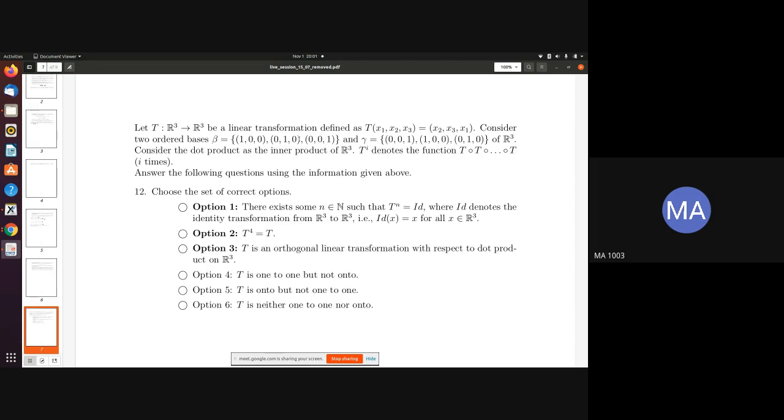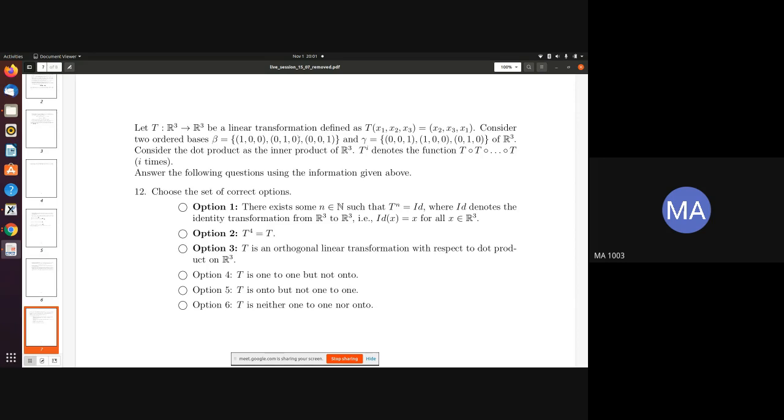But here you can check, is T one-to-one or onto? What about one-to-one and onto? Sir, I am unable to derive option 1 as well. How to do it? Option 1 is saying that there exists some n for which T power n is identity.